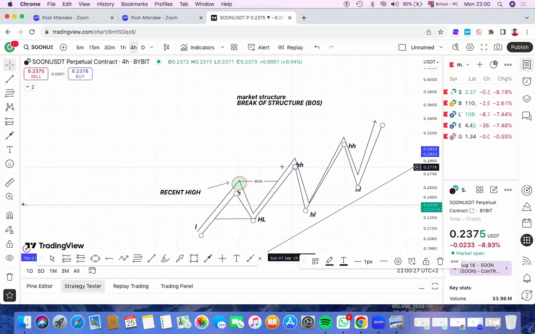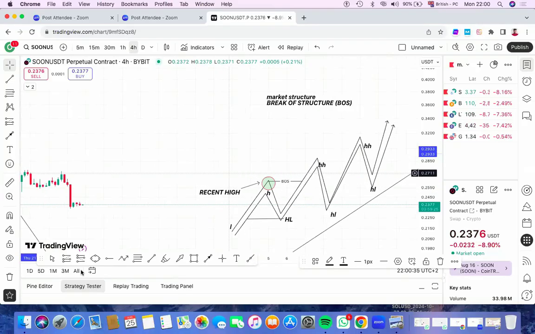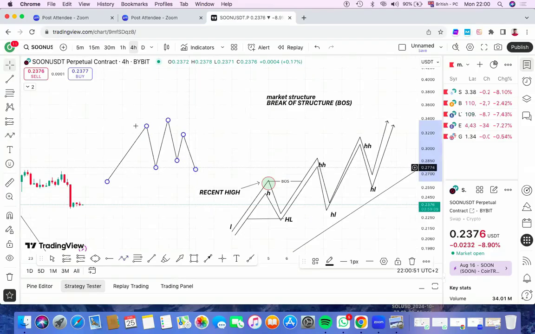I'll give you an illustration later, but what I intend to tell you is that if we have a structure like this, and it did something like this, okay, this is a fake out.